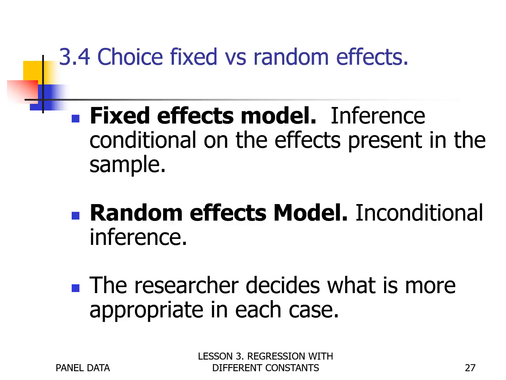The random effects model, on the other hand, is unconditional. So you try to infer things about the whole population and not only about the effects that you have in your sample. What you want is more appropriate in this case. In each case it depends on the researcher. The researcher has to decide what is more appropriate, what is the question that he or she wants to answer.